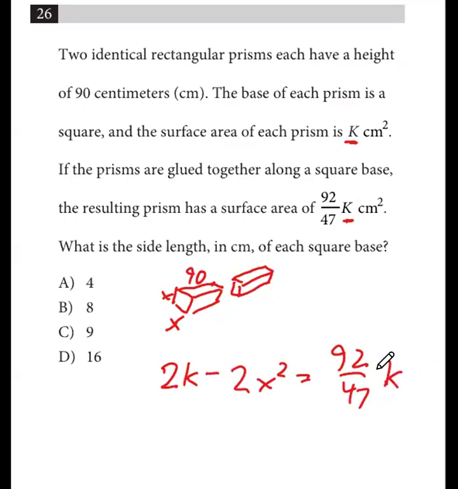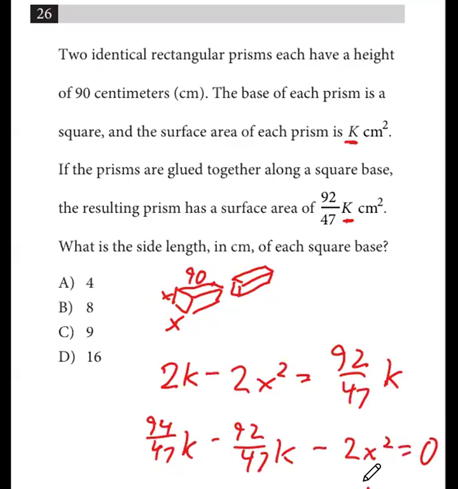And so now we just need to simplify. We can convert all of these, and I'm going to move this to the left as well. So 2K becomes 94 over 47K. This we can move to the left, so that's minus 92 over 47K, minus 2x squared is equal to 0.